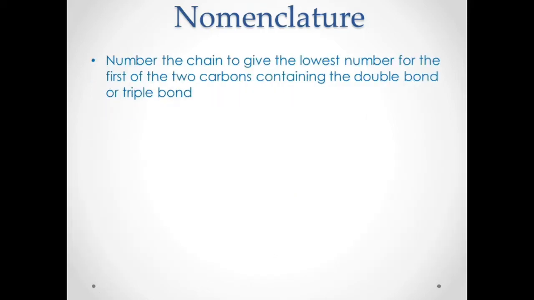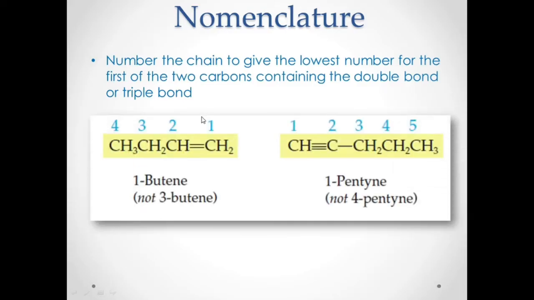Okay, next. Number the chain to give the lowest number to the first of the two carbons containing the double bond or triple bond. So how do we do that?